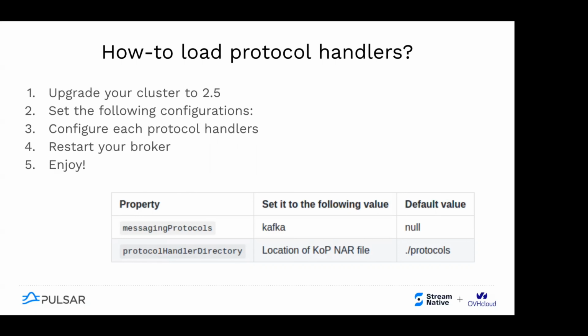The other property is called messagingProtocols. You set it to the value you want for the broker to load those handlers. After you configure these two settings, you just restart your broker, and you enjoy a new broker that is able to speak both the Pulsar protocol and other protocols supported by the protocol handlers loaded by the broker.